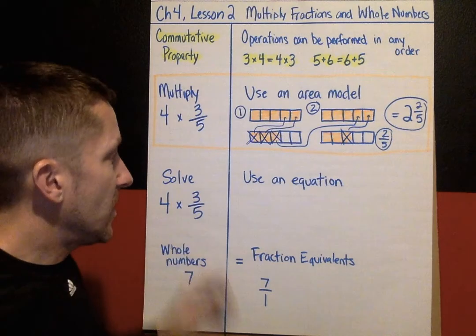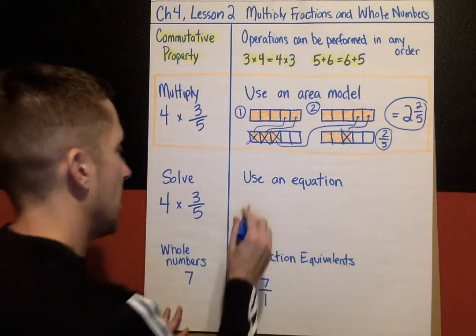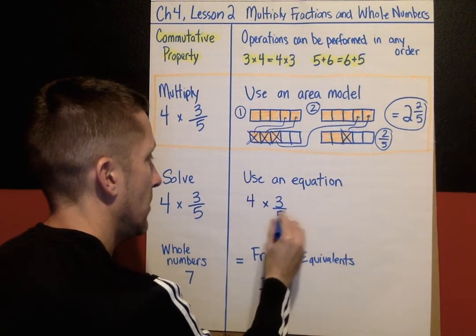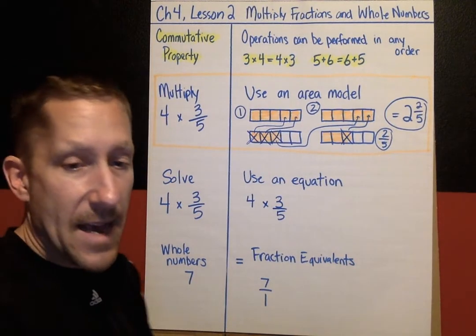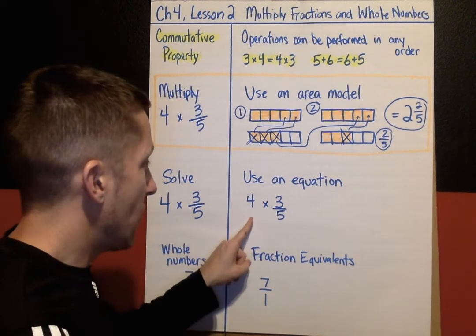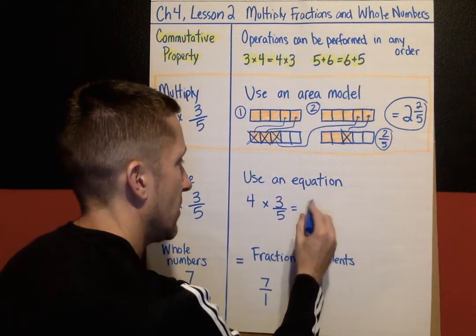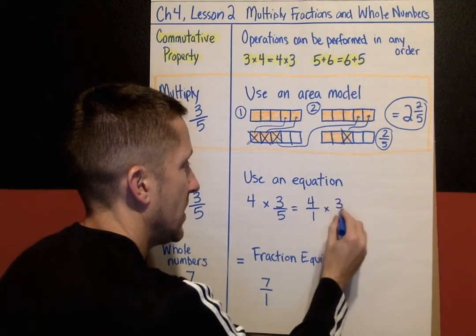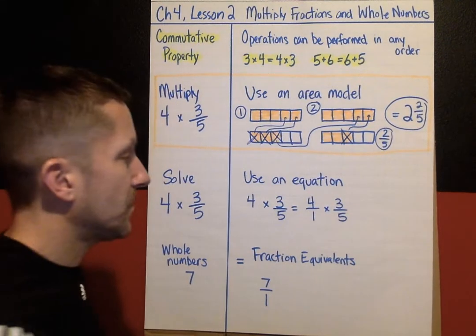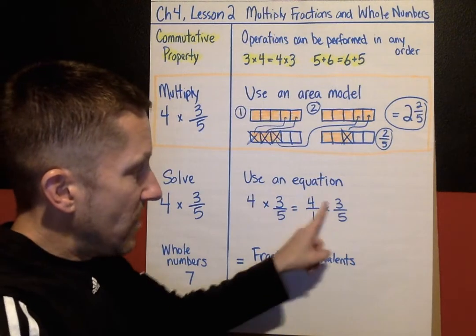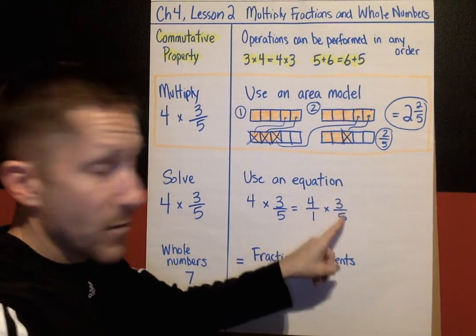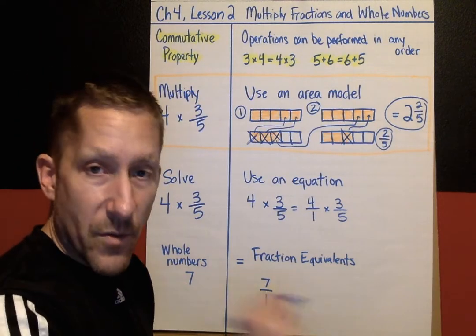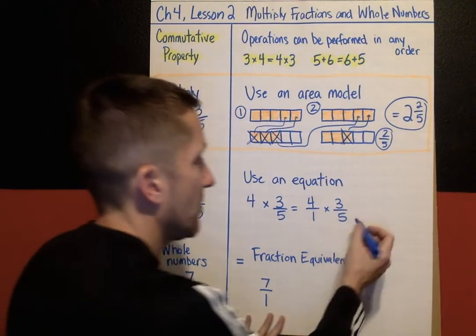This 4, I'm going to rewrite as, actually let me copy the problem, 4 times 3/5. I'm going to rewrite that as 4 over 1 times 3 over 5. Now when I have numerator, denominator, all I do is multiply numerators across, denominators across.